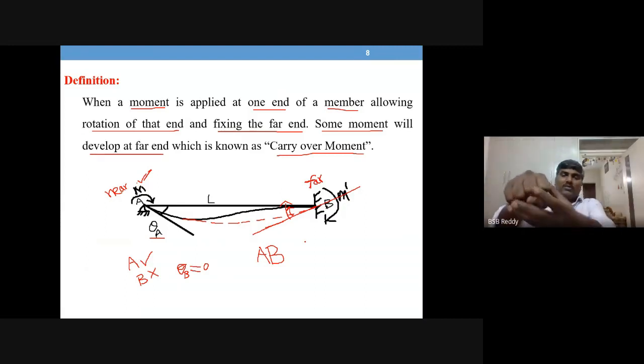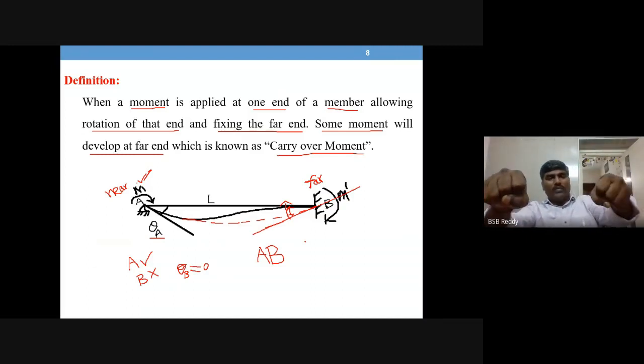So if rotation is possible, when you rotate the far end, this also will rotate. When you try to rotate this member, this end also will try to rotate. You are rotating this end, and this end is fixed.